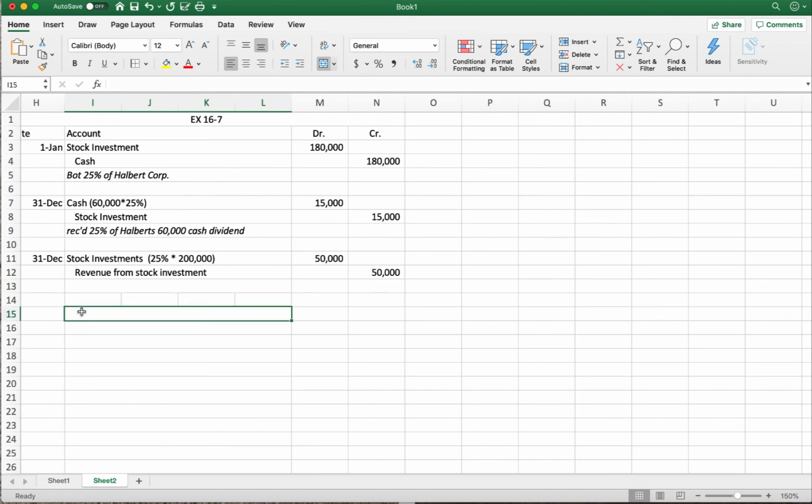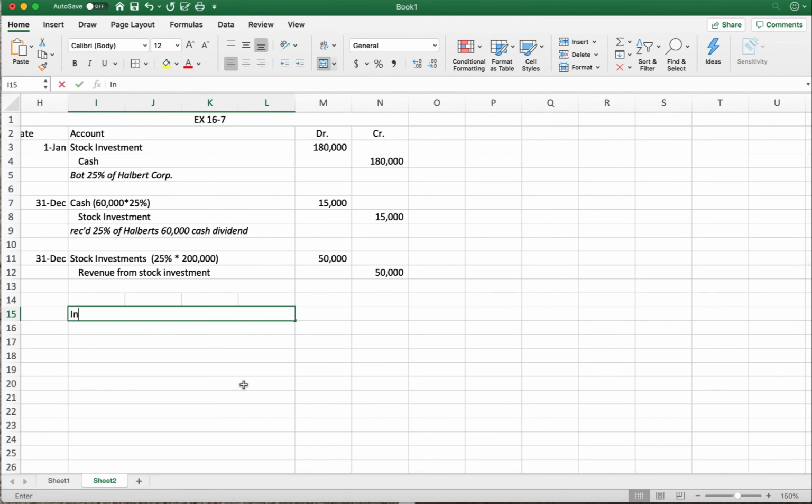Well, first, the investment in Halliburton as of January 1 was $180,000.